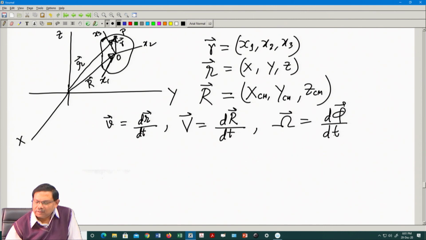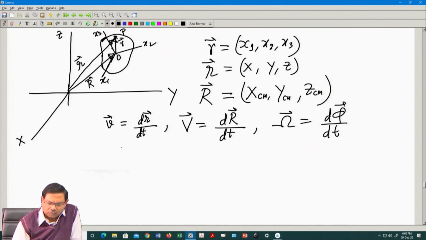So, d phi by dt gives you the angular velocity about the axis passing through the origin O. So, this is omega. The velocity has two parts.